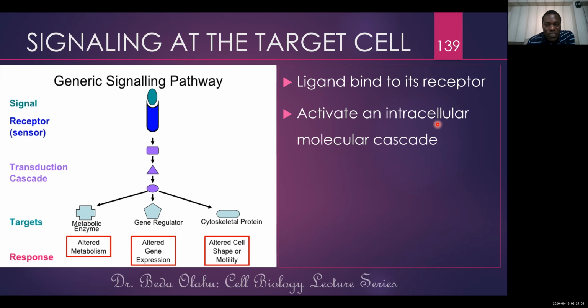Now I want to just leave it at that because there are a lot of intracellular molecular cascades that happen, which is beyond the scope of these lectures. You will mention some of them in your pharmacology. You'll mention some of them in your immunology. But for now, let me just say that there are a lot of intracellular molecular cascades that are activated when the ligand binds to its receptor.